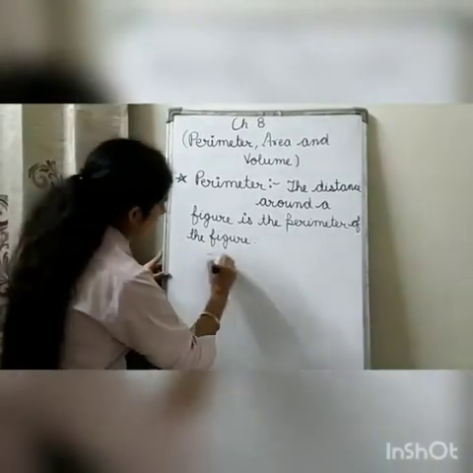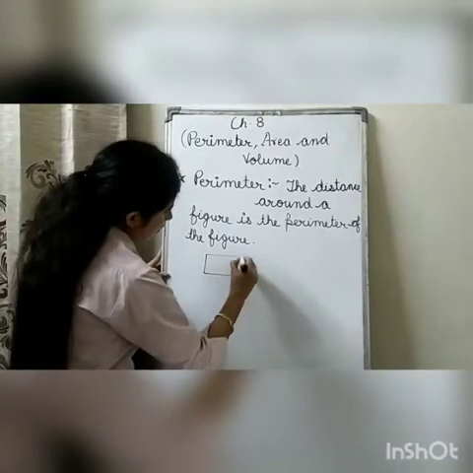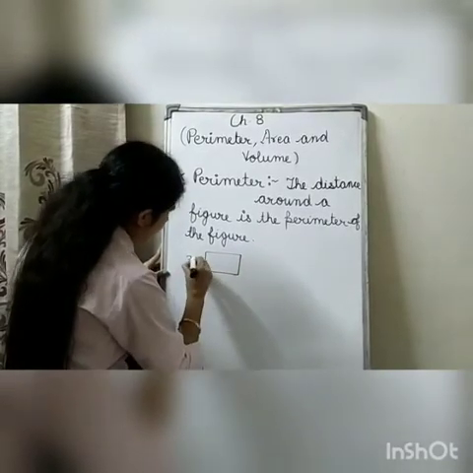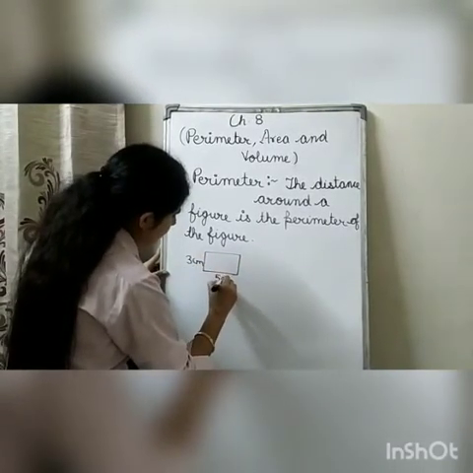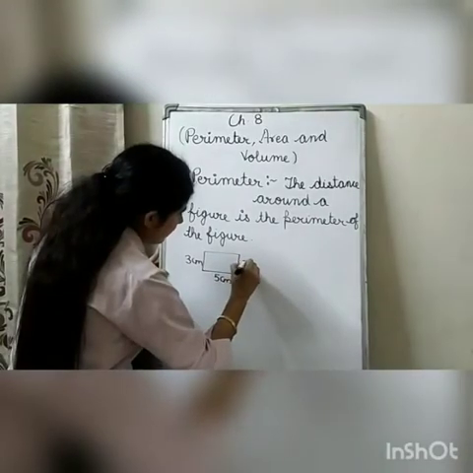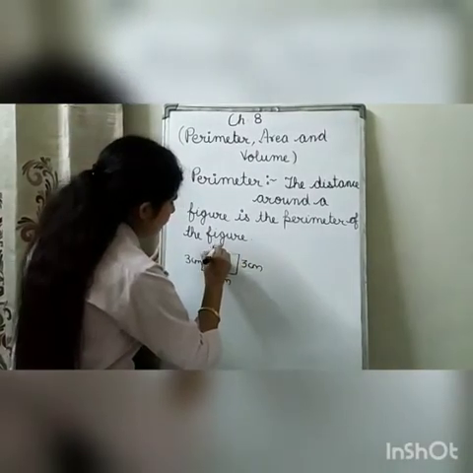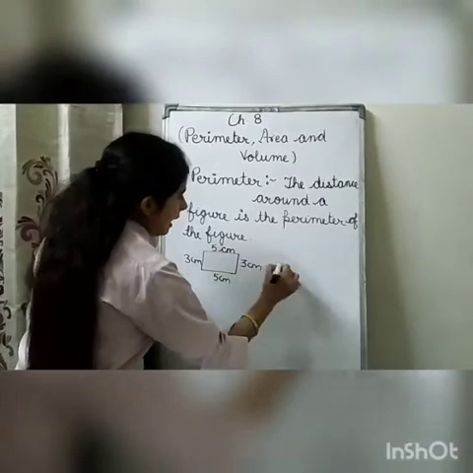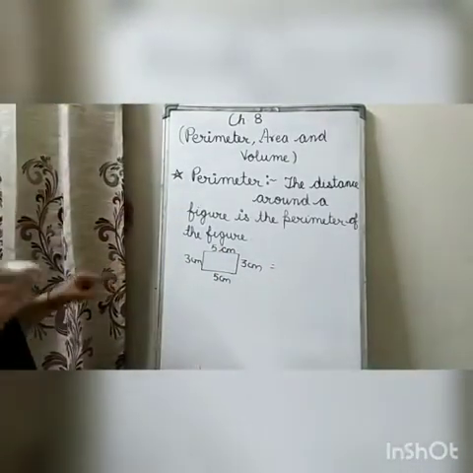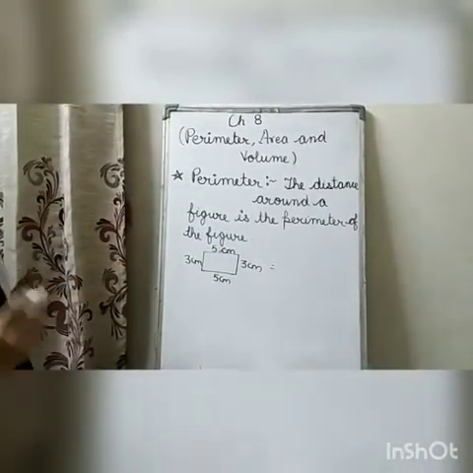Suppose there is a figure with measurements 3 centimeter and 5 centimeter. As I have explained, perimeter means the sum of all the sides.